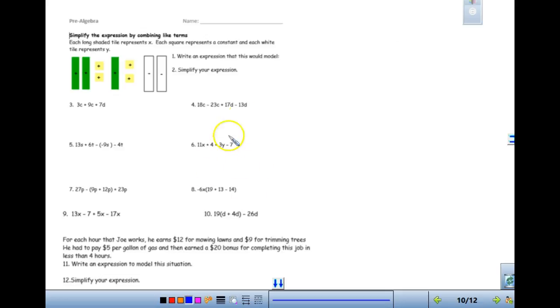It is. So, it says, write the expression that this would model. It tells you this stands for an x. So that would be how many x's? 1, 2x.